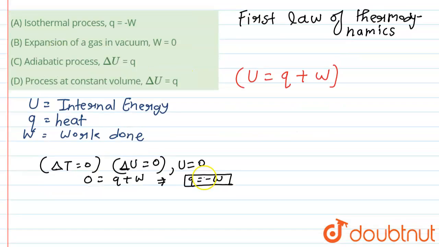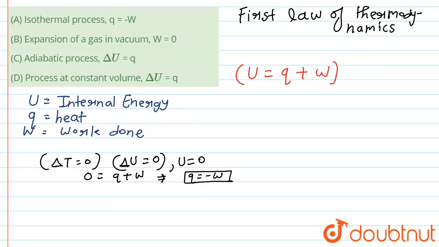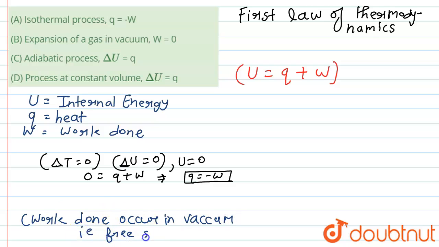Now moving on to the second condition which is given here, that expansion of gas occurs in vacuum. So in this case, when work is done in vacuum, that is free space, it is always 0.